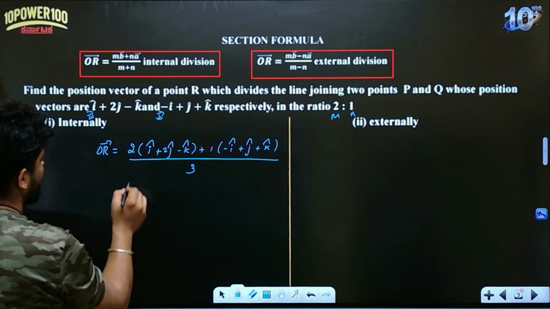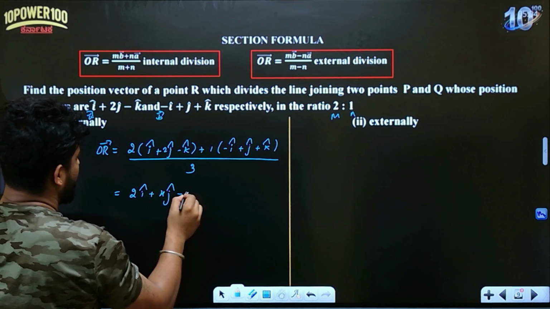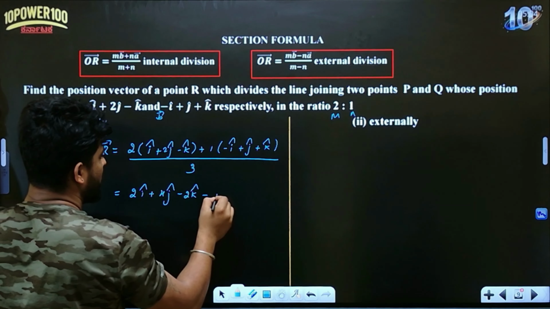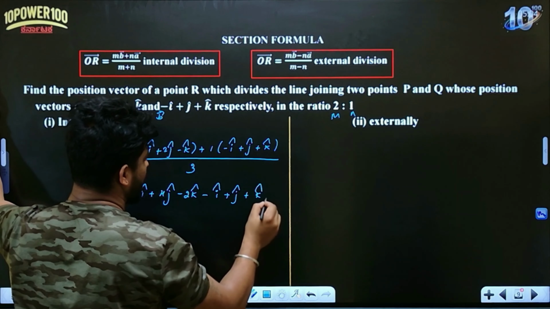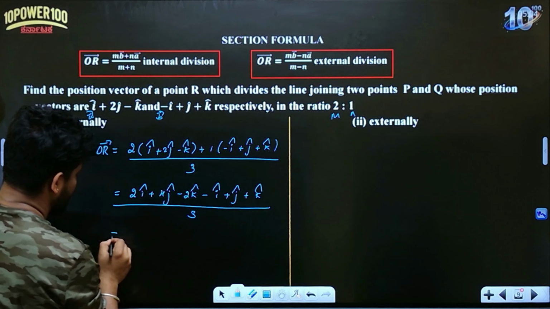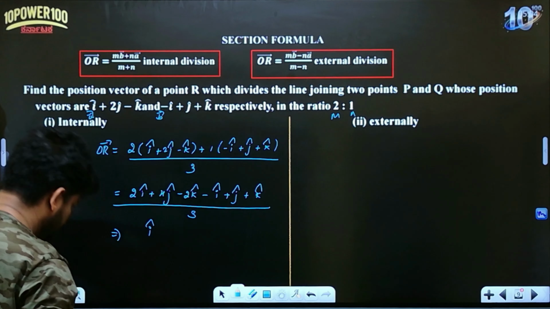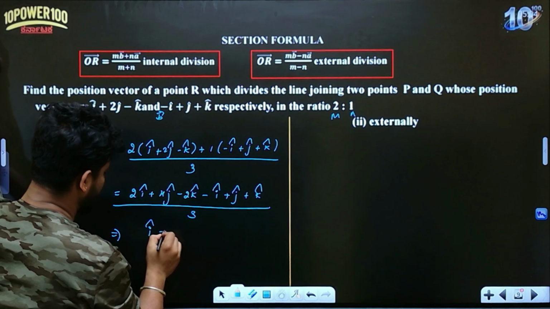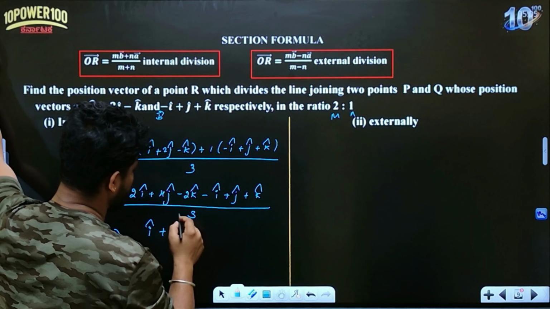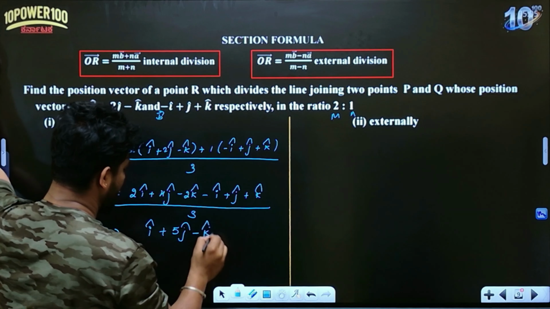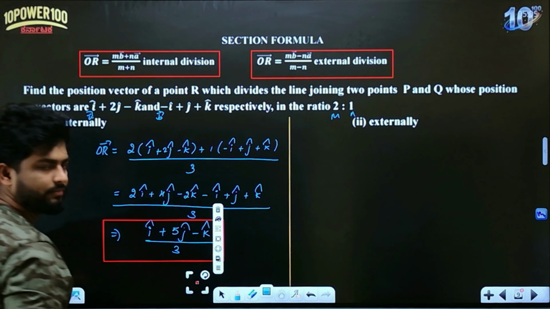So this becomes 2i cap plus 4j cap minus 2k cap minus i cap plus j cap plus k cap, whole divided by 3. So 2 minus 1 is i cap. Next 4 plus 1, so it is 5j cap. Next minus 2 plus 1, so it is minus k cap, divided by 3. So this is the answer for internal division.